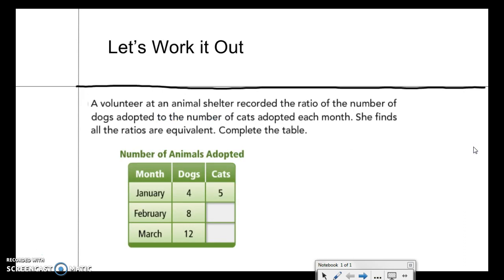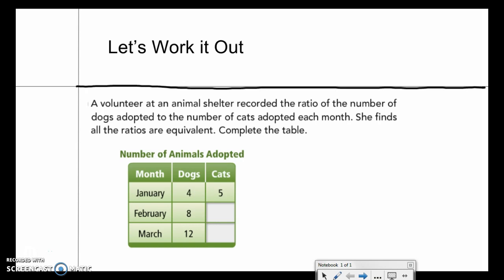You don't have to copy this one down, I just want you to pay attention and listen. A volunteer at an animal shelter reported the ratio of the number of dogs adopted to the number of cats each month. She finds all the ratios are equivalent. Complete the table.